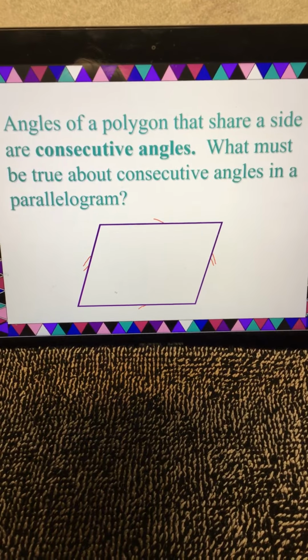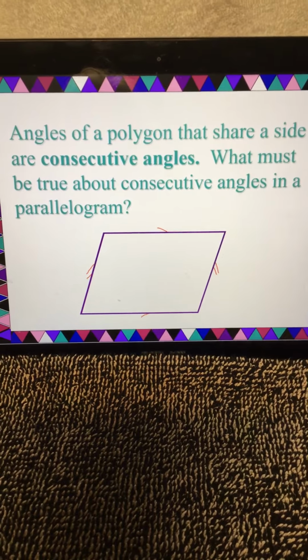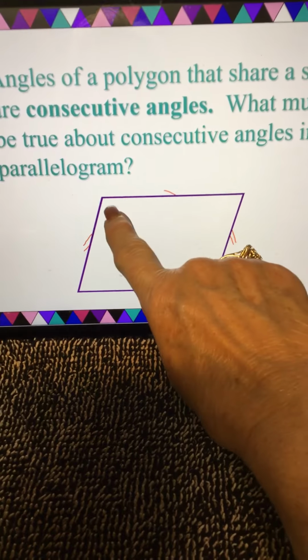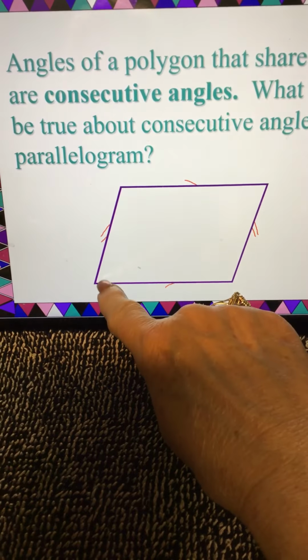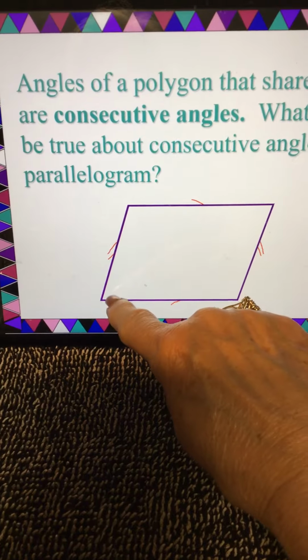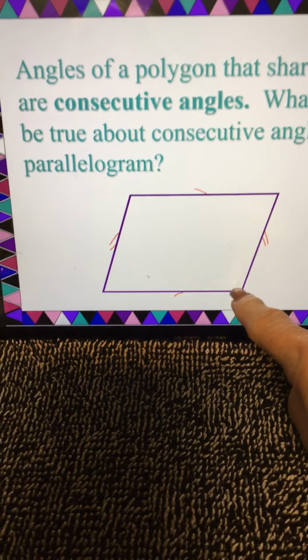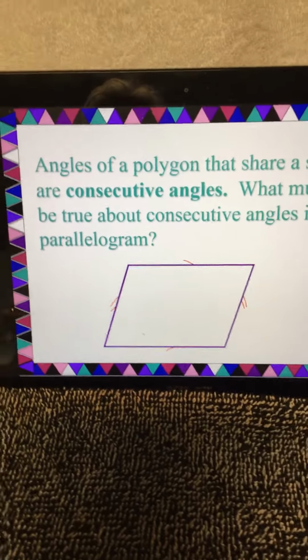It says angles of a polygon that share a side are called consecutive angles. So when I'm looking at my picture, this angle and this angle share this side. Consecutive just means to me they follow each other. These share this side, so they are consecutive.